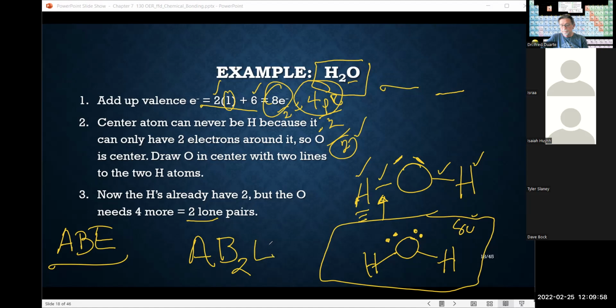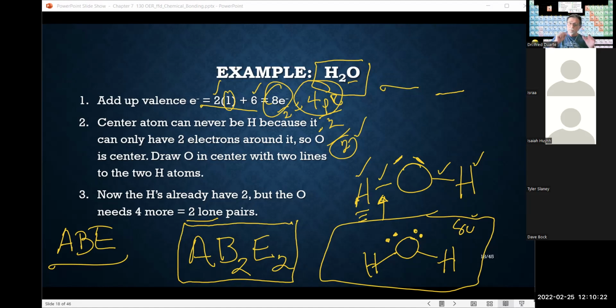So in this case, we have an E. You don't always have an E. The subscript represents how many you have for both: B2 and E2, we got 2 atoms bonded to the central atom and 2 lone pairs. So our general formula that we need to know is AB2E2.